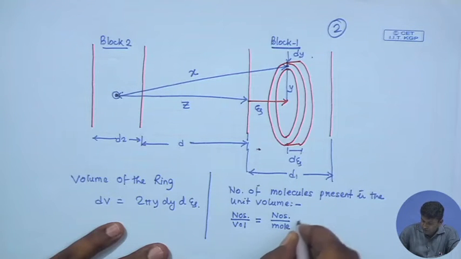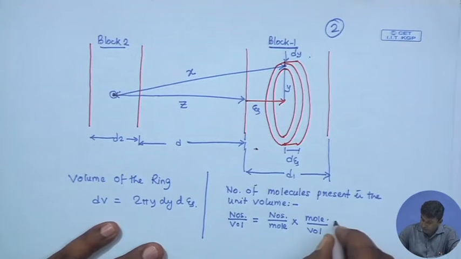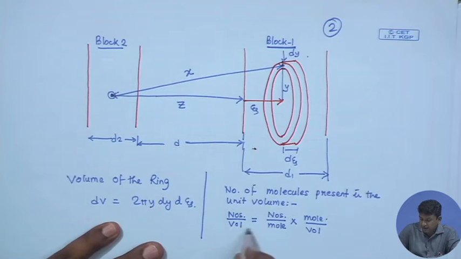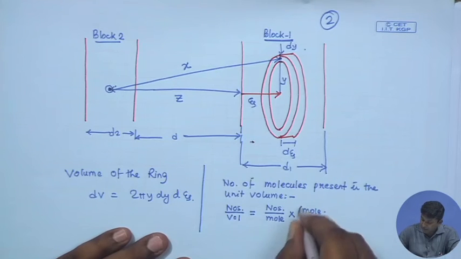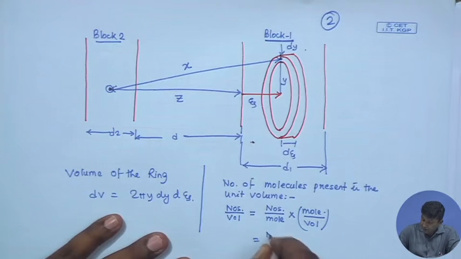Number per mole is known, that is Avogadro's number. Mole per unit volume, of course, you can just write it by multiplying the numerator and denominator with mole. So, it becomes like this. So, this becomes Avogadro's number, and this part again you can split up. Numbers per mole, of course, remains as it is.